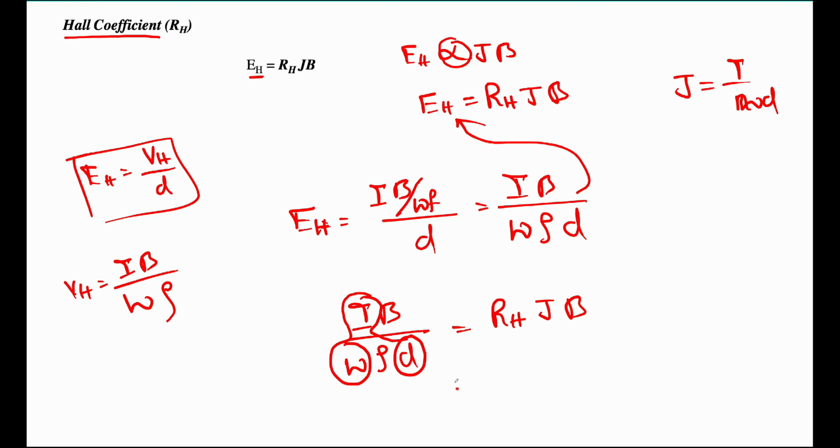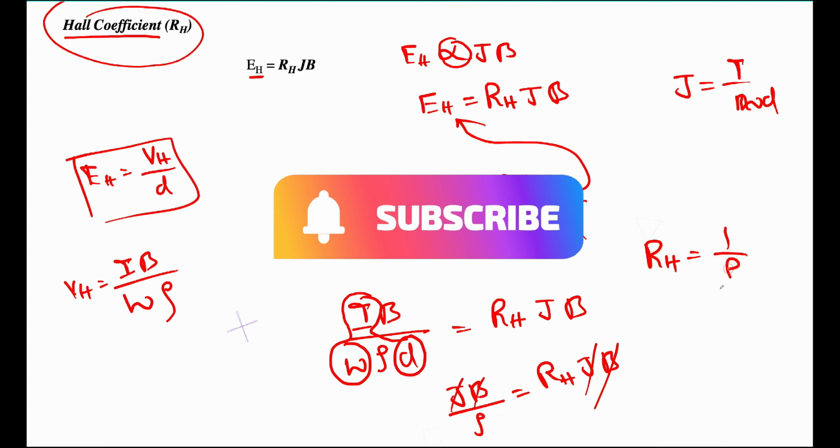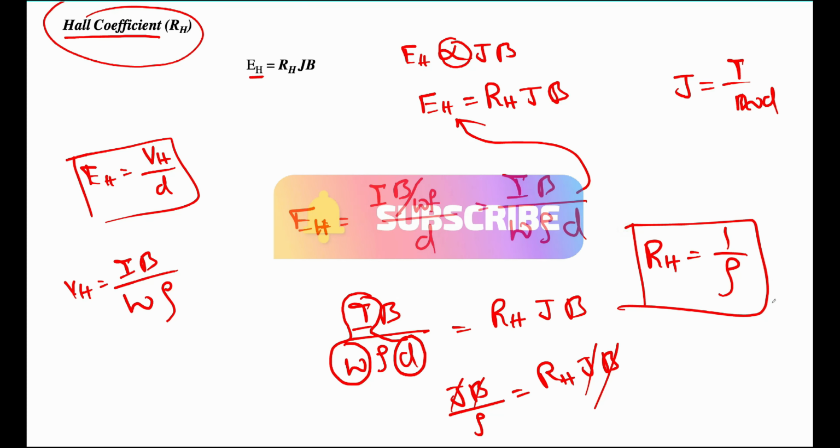Okay, so JB divided by rho equals RH into J into B. So JB gets cancelled. The ultimate Hall coefficient equation is RH equals 1 by rho. This is the Hall coefficient equation.